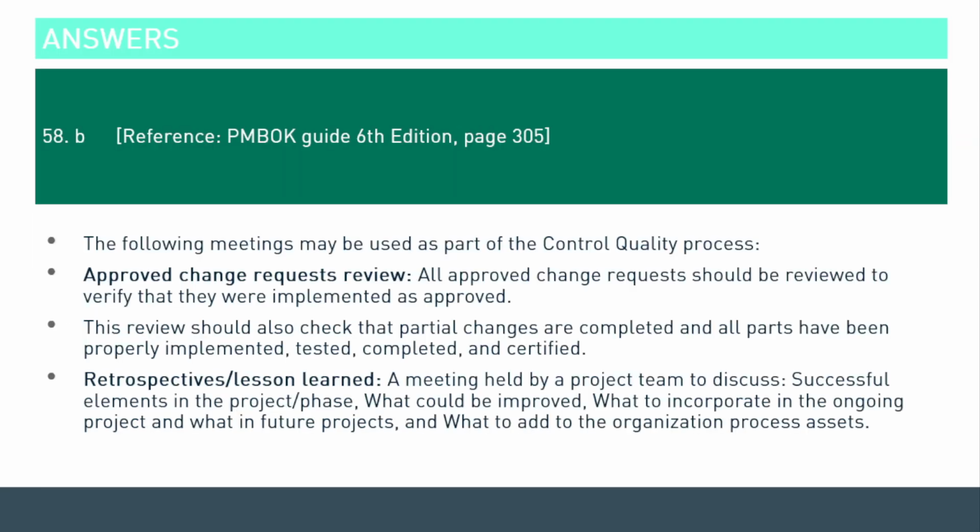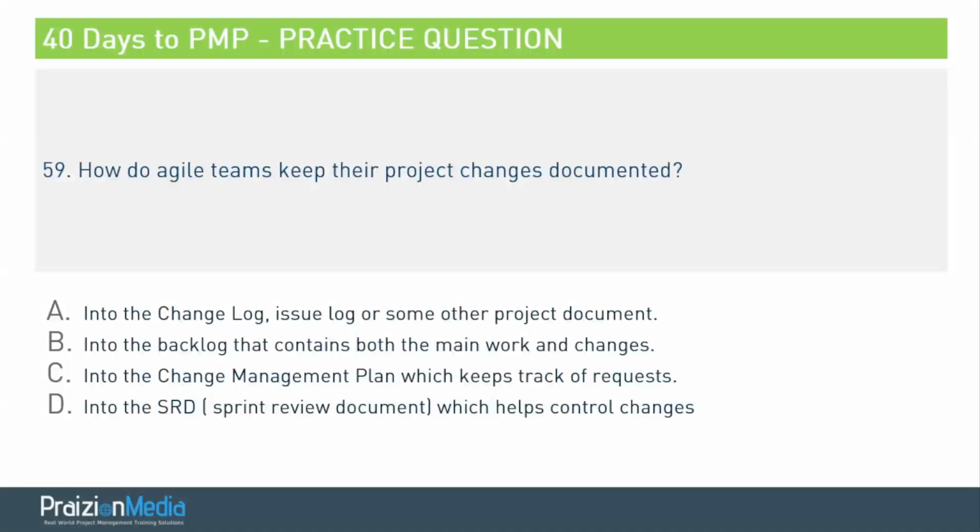This will obviously go unnoticed except you have done due diligence to investigate every one of these little nuances. But more than just cramming where it's from, it is helpful to know what an approved change request review is. And this is reviewing change requests to ensure that they were implemented as approved. It just makes sense, but it's a special type of meeting the PMI talk about. Let's move to the next one.